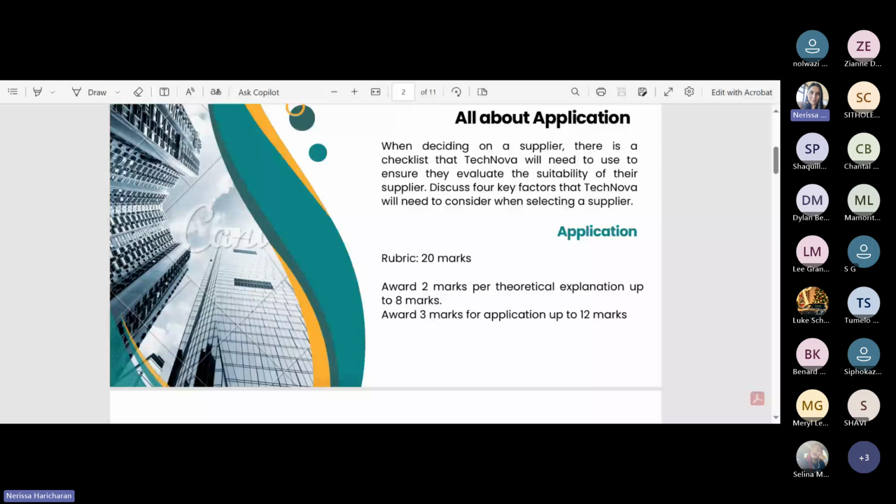For instance, if quality is one of the key factors Technova should consider, they need to understand the overall quality of the products they're purchasing, whether it's their screens, their motherboards, their camera lenses. So go into as much detail as possible in respect to the case study in question.